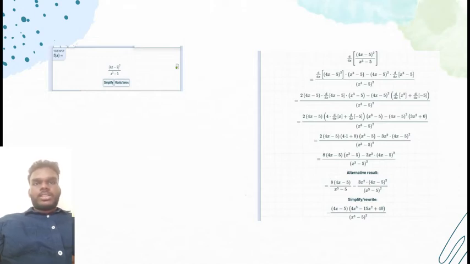So the second answer is 2(4x minus 5) times d over dx of (4x minus 5).